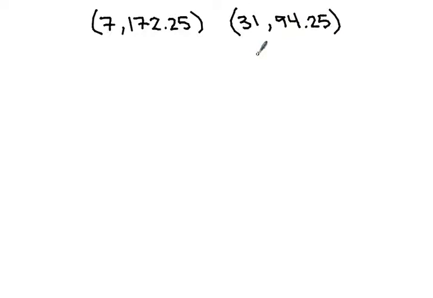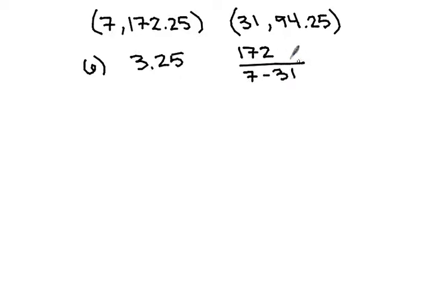Question number 6 is going to ask, how much does each lunch cost? Chase. $3.25. How did you come up with that? I subtracted 7 and 31, and I also subtracted the amount of money after 7 lunches and the amount of money after 31 lunches.